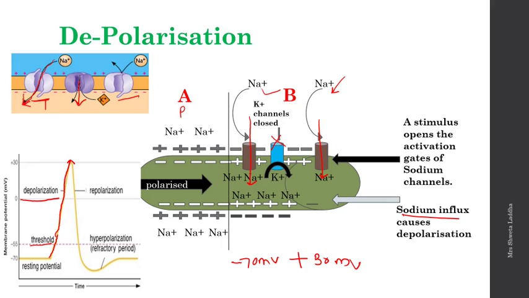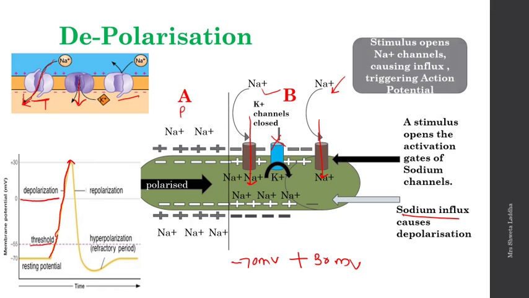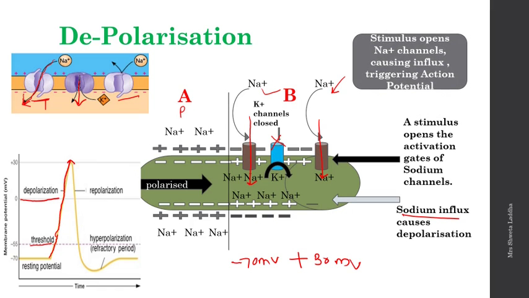And therefore positive charges increase now inside the cytosol. Outside becomes negative and inside becomes positive. What is this? Depolarization. The stimulus is opening the sodium channels, influx occurs, action potential is triggered. This is called the action potential, a change in the ionic potential.